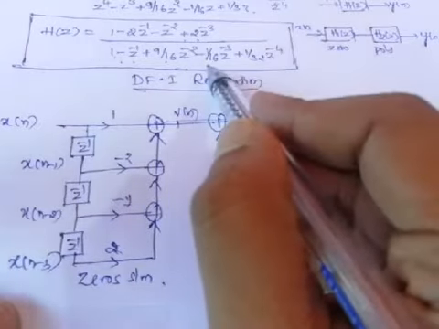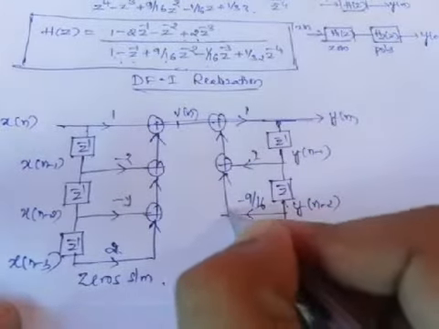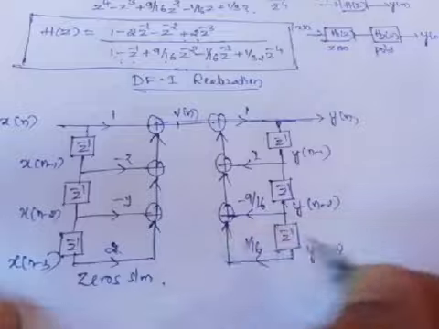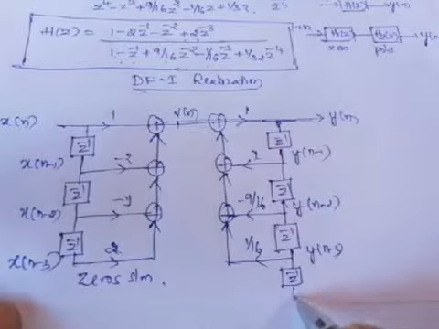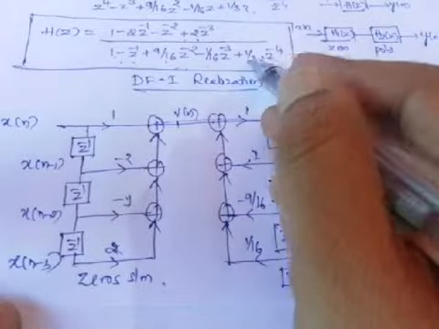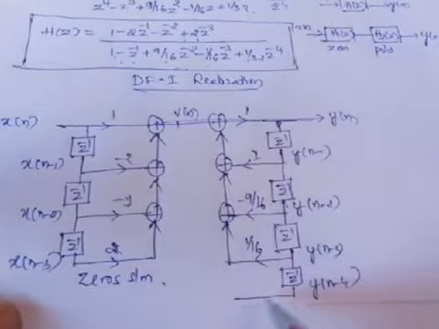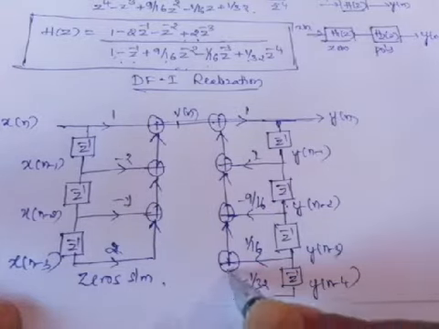The coefficient term is minus 1 by 16, take the opposite, plus 1 by 16, add with the previous result. Next, one more time delay, y of n minus 4. Plus 1 by 32 is there, take the opposite of that, minus 1 by 32, and add with the previous result.